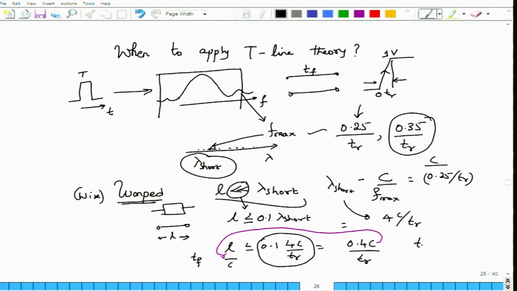So, my condition for the lumped regime is that Tf must be less than or equal to 0.4 into Tr. I guess I made a small mistake over here; this should have been 0.4 c into Tr in the numerator. So, please correct this one. So, I get Tf to be less than or equal to 0.4 Tr.